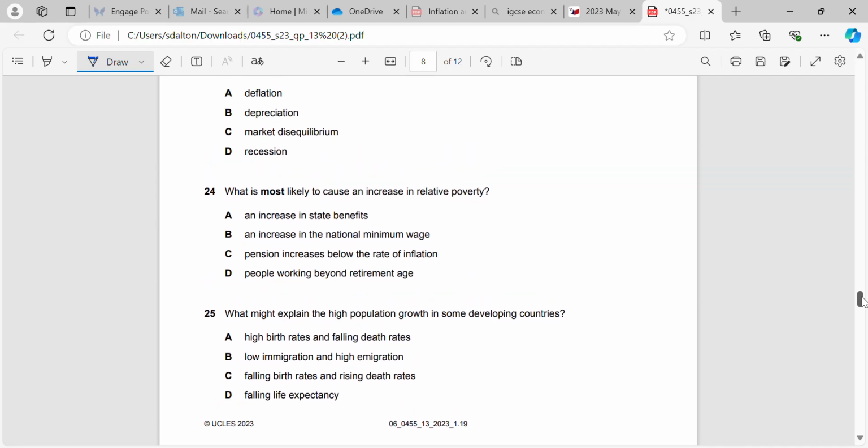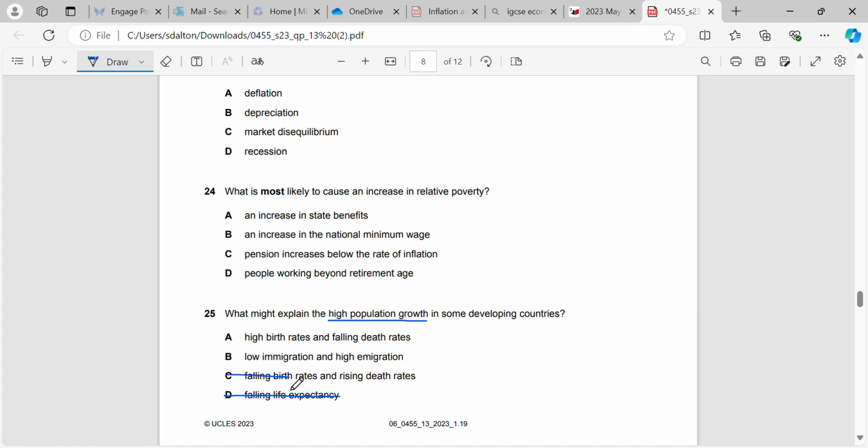Okay, question 25. What might explain the high population growth in some developing countries? Okay, so what would explain high population growth? Now this should be fairly straightforward. Falling life expectancy is not going to explain high population growth because people would be dying younger than they did before, so we'd expect our population to decrease.